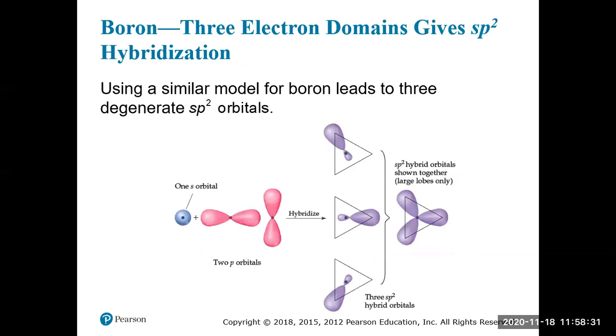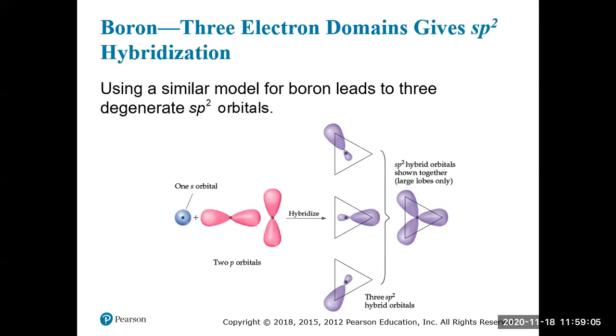Let's take a look at sp2 hybridization. In this case, we have 3 electron domains. We have one s orbital, and then 2 of the p orbitals. Remember, with the p orbitals, we had 3 different orientations: along the x-axis, the y-axis, and the z-axis. So let's take 2 of those orientations and do that same combination we did with sp, except now we do it an extra time with 2 p orbitals instead of 1.